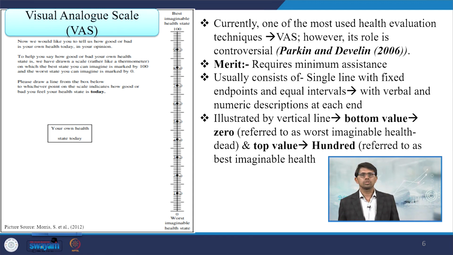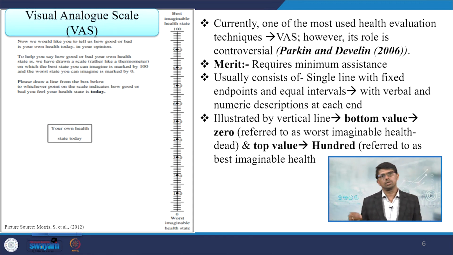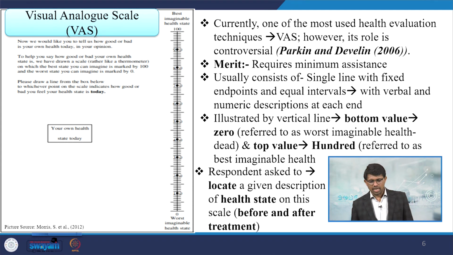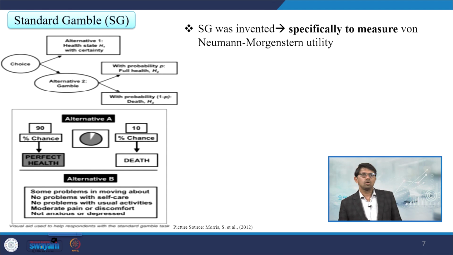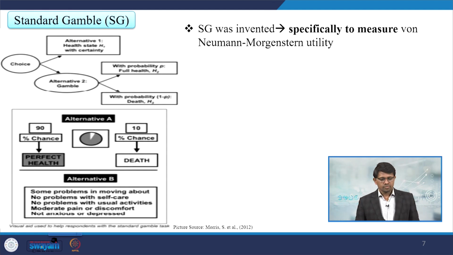So, the bottom of course refers to the worst case of health, that is dead, and the top one is the best health indicator. Okay. So, the respondent is asked to locate a given description of health state on this scale before as well as after treatment. Another is called the standard gamble technique.